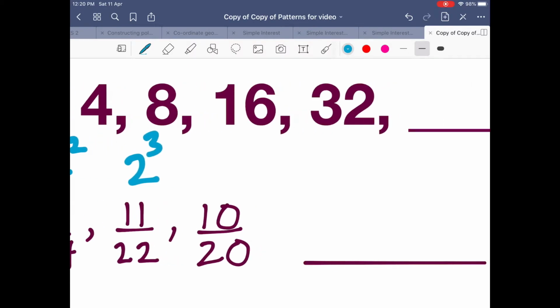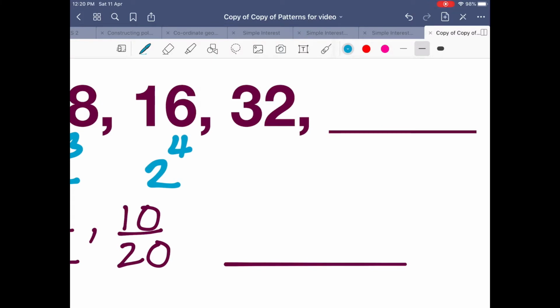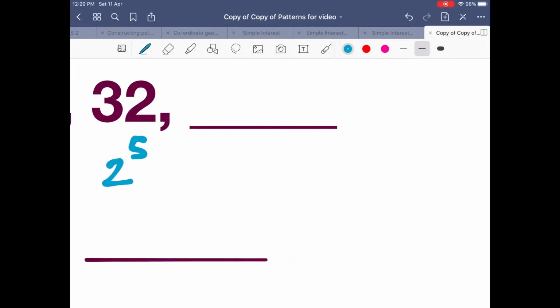And then 8 times 2 is 16, or 2 to the power of 4 is 16. And 16 twos are 32, or 2 to the power of 5 is 32. So next we will have 32 times 2, or 2 to the power of 6 is 64.